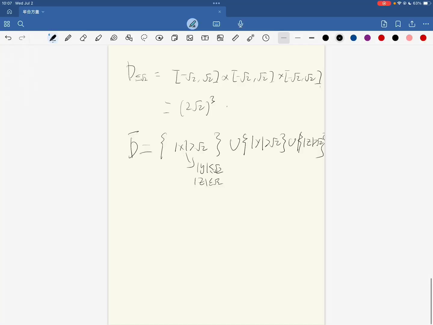Actually, because these three situations lead to the common volumes and they are equal, we multiply by 6.